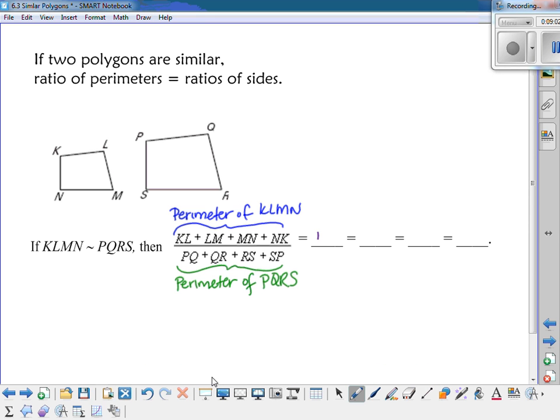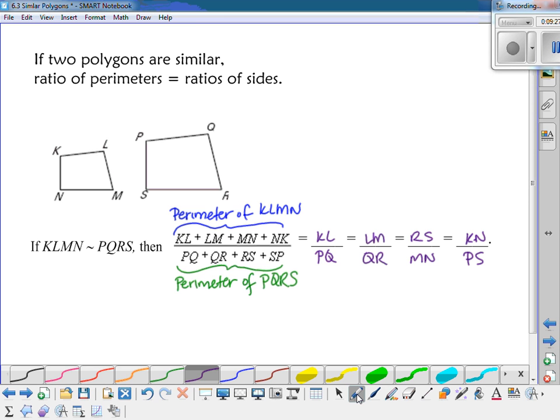The ratio of those perimeters is going to be the same as the ratio of the sides. So it's going to equal KL over PQ. It would equal LM over QR, MN over RS, and KN over PS. All of those are going to be the same ratio. So suppose, I'll throw some numbers up here.